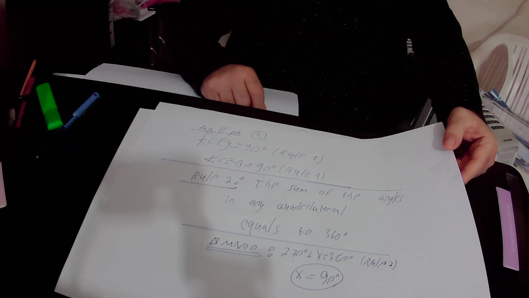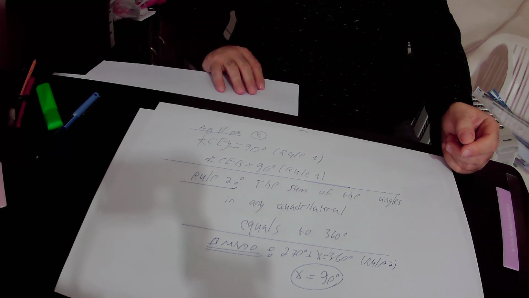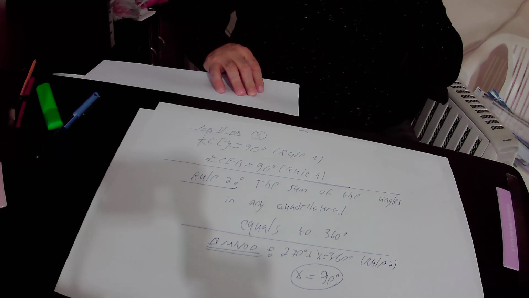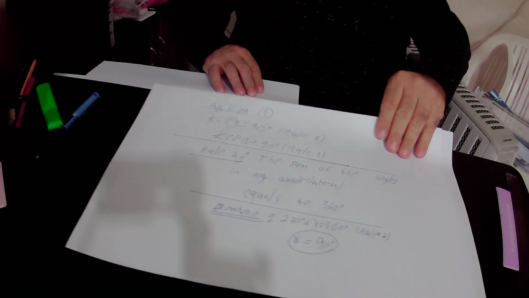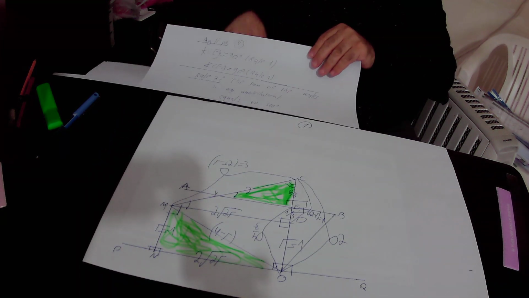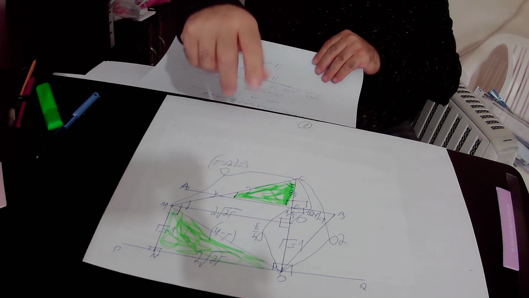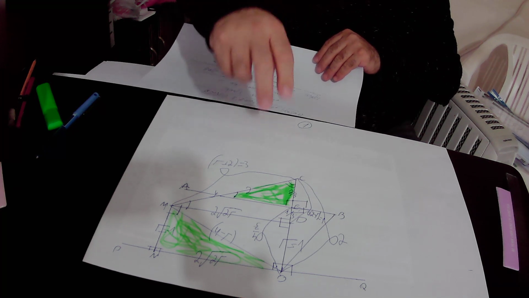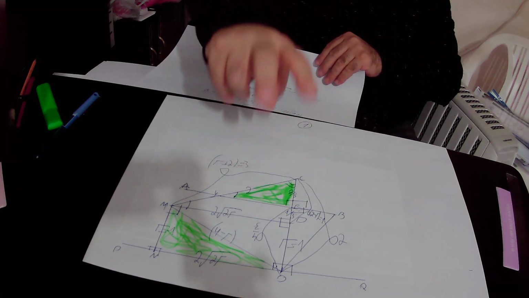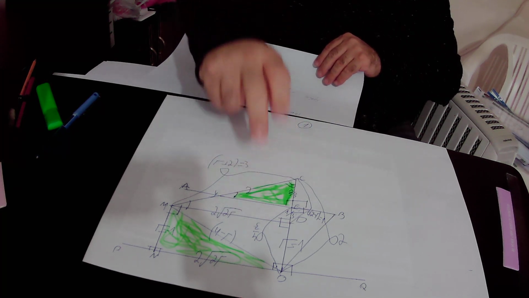Then I presented to you rule number 2. Rule number 2 states that the sum of the angles in any quadrilateral equals 360 degrees. If we focus on quadrilateral MNOD, according to rule number 2, the sum of its angles equals 360 degrees.